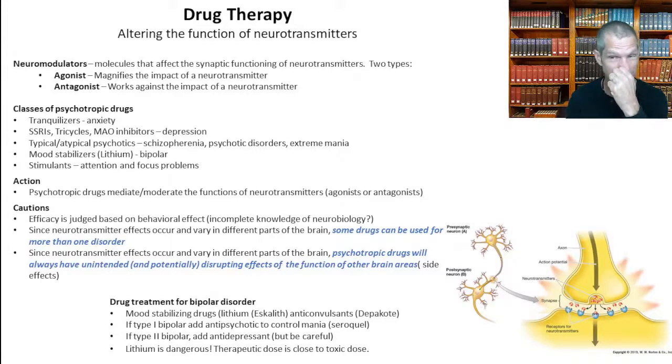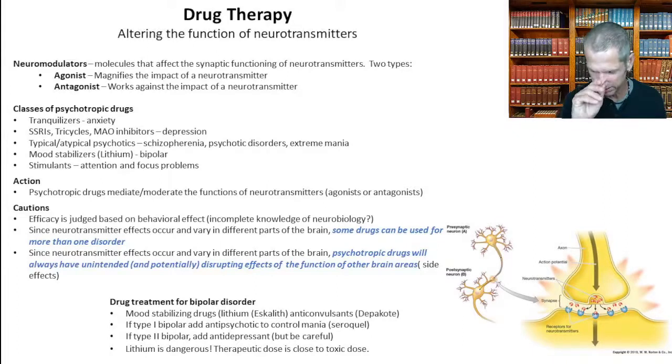Okay? Now, here's the deal. Neurotransmitters work in different parts of the brain and are responsible for different things. So some psychotropic drugs are going to be used for more than one disorder. So maybe you're depressed and you're taking a drug that I tell you is useful as an antipsychotic. That doesn't mean that your doctor thinks you are schizophrenic or have a psychotic disorder.